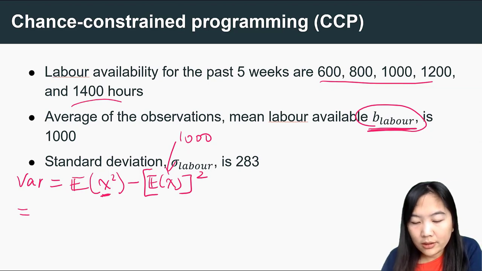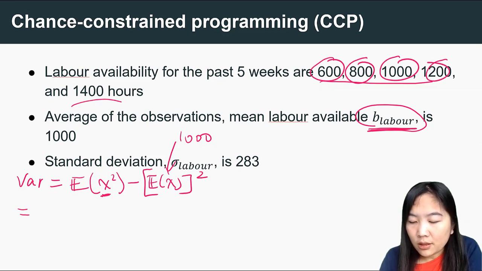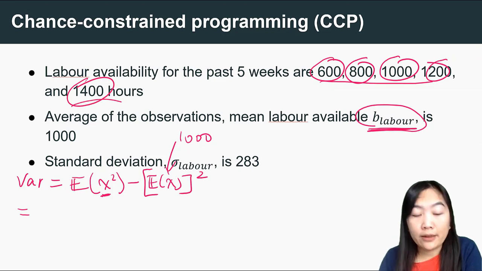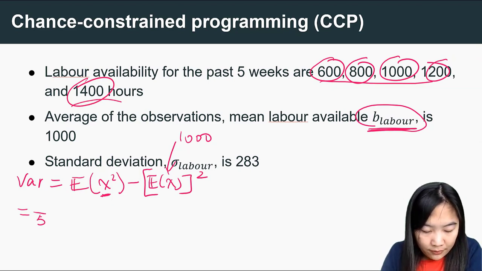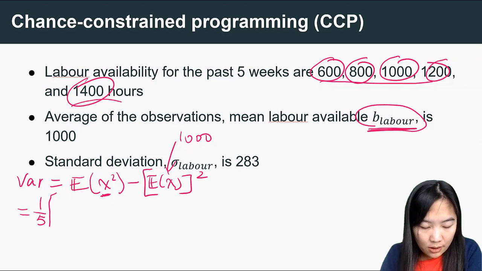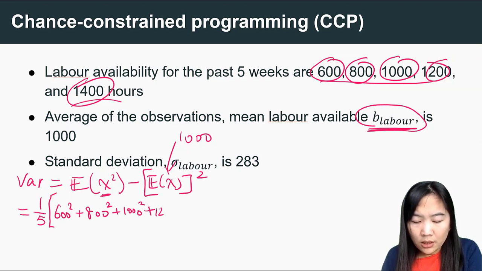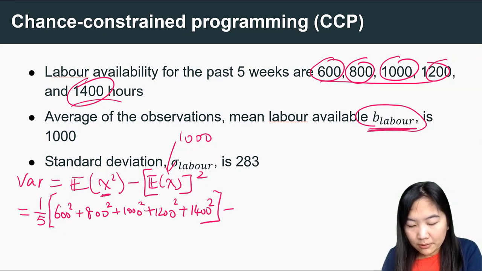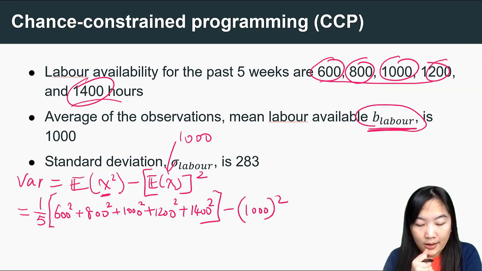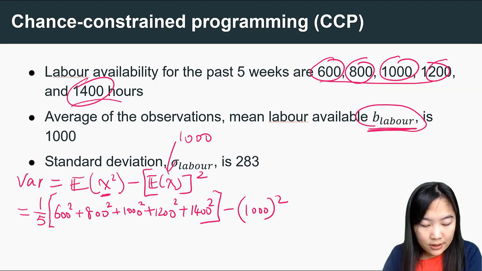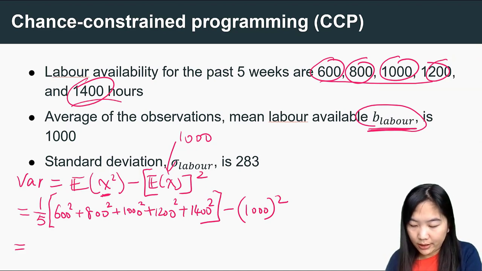And what we're left with is trying to find this X squared. So let's do this. In this example, we assume that there's equal probability of each of those 5 availabilities. So this will be 1/5 times 600 squared plus 800 squared plus 1,000 squared plus 1,200 squared plus 1,400 squared, and then minus 1,000 squared. That's the definition of the variance. And then you can do the calculation here.